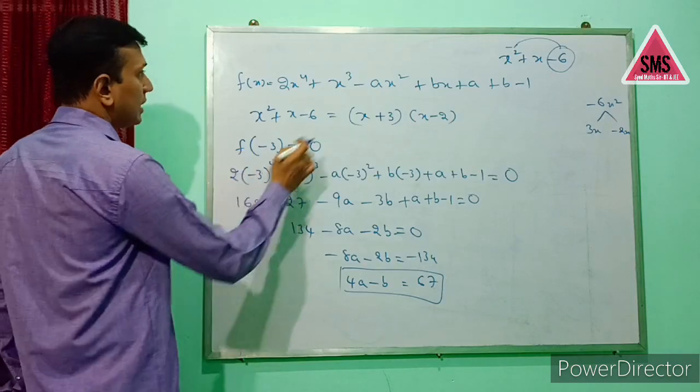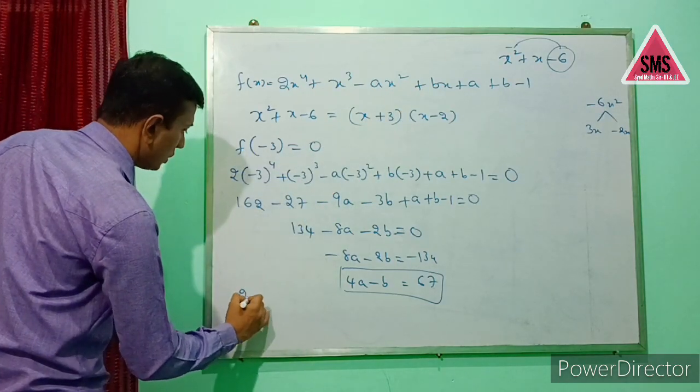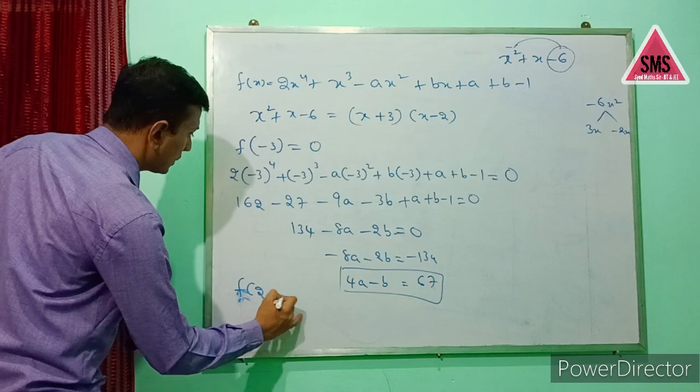Again, when you substitute x equals 2, we get f of 2 equals 0.